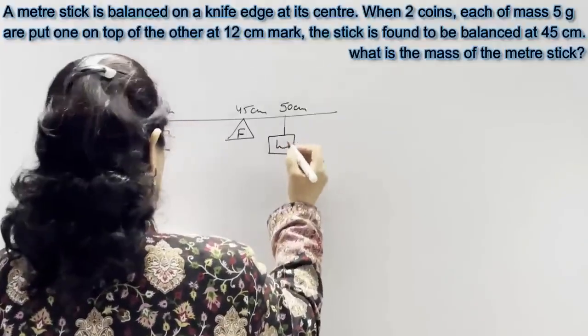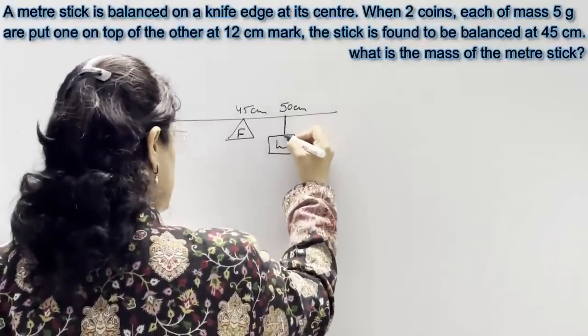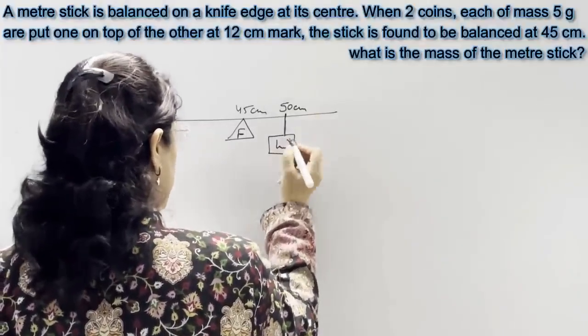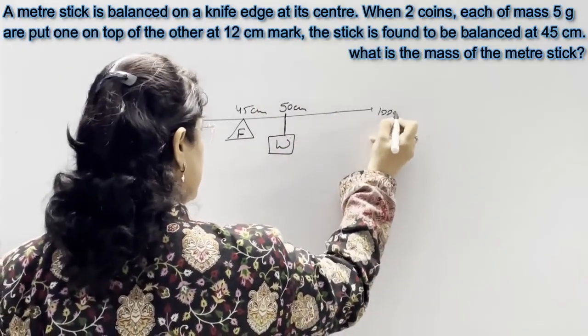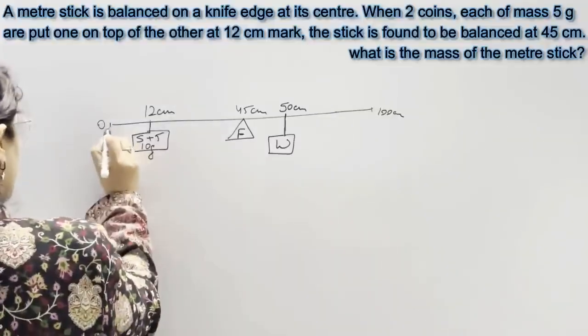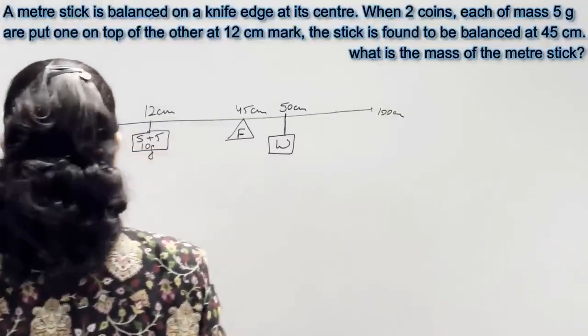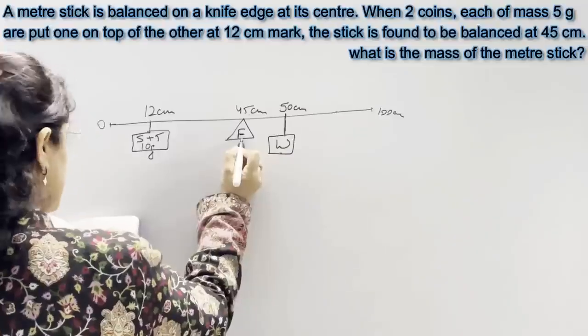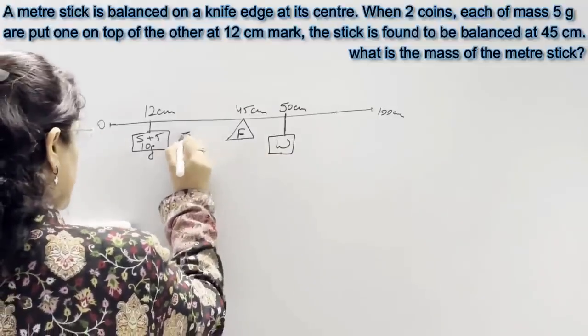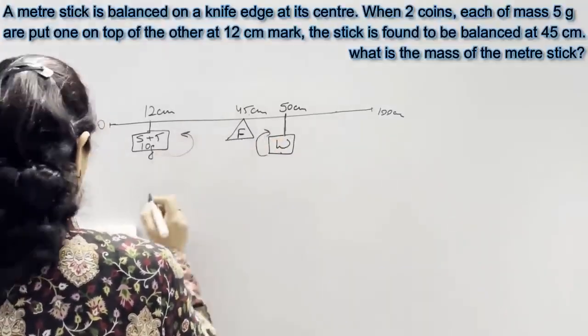So again we are taking the center of gravity position, the weight of the meter stick is there, and further completing the question, anti-clockwise moment should be equal to clockwise moment. Here the fulcrum is at this position, so this is our anti-clockwise moment and this is the clockwise moment.